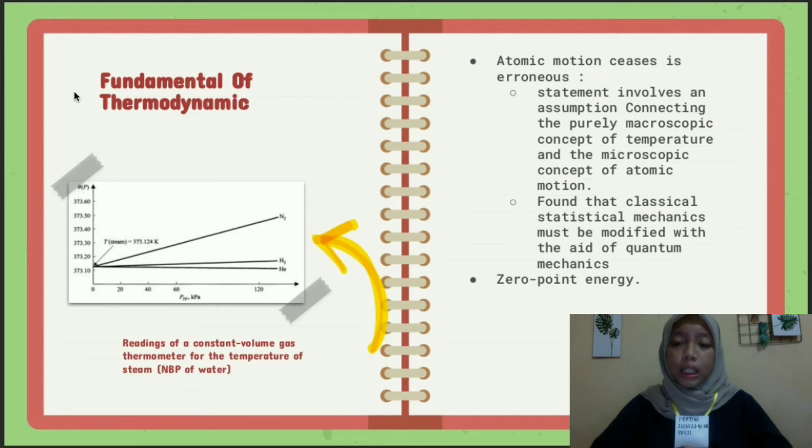In this graphic, there is a zero point energy.